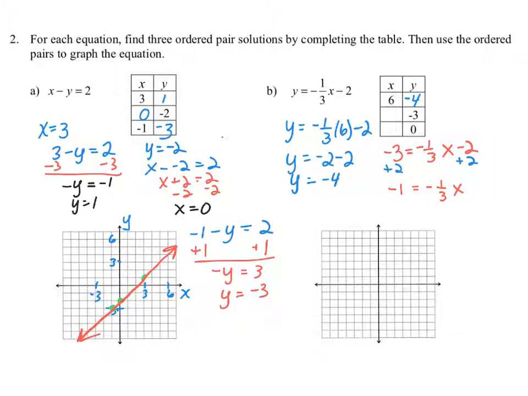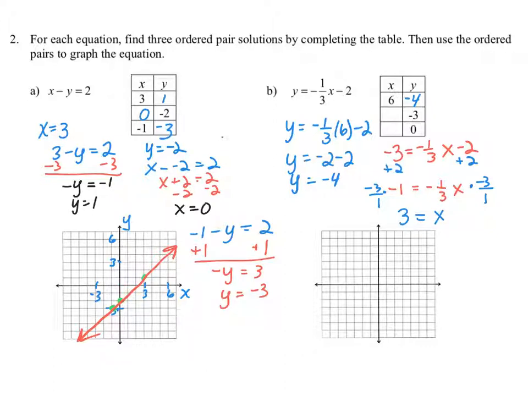To eliminate this coefficient in front of the x, we're going to multiply by the reciprocal. The reciprocal of -1/3 is -3/1. And we're going to multiply both sides of that equation by -3/1. And -3/1 times -1 is +3, so we get +3 is equal to x.